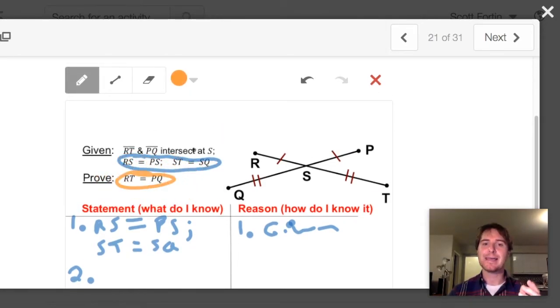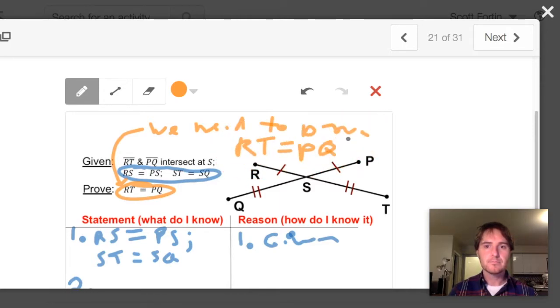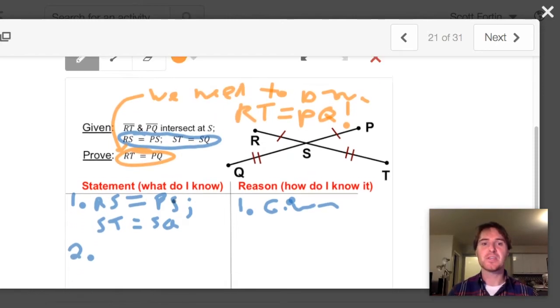Usually in my second step, I write my givens down and then I ask myself what I need to prove. And we need to prove RT equals PQ. Ugly, but that says we need to prove RT equals PQ.